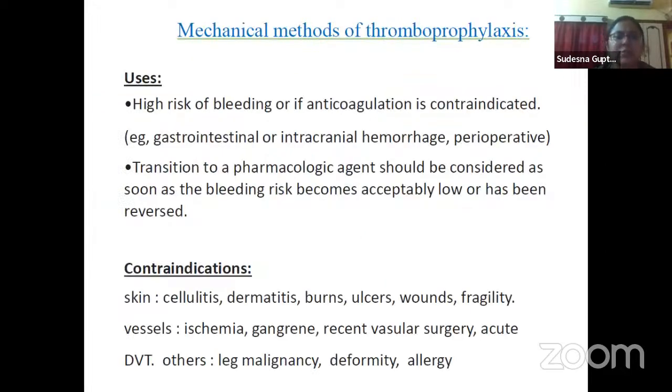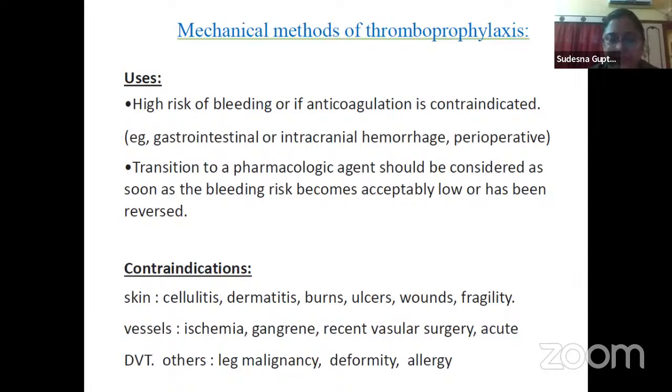Mechanical methods of thromboprophylaxis include DVT stockings and intermittent pneumatic compression devices. They are used mostly where there is high risk of bleeding, where pharmacologic anticoagulation is contraindicated, or in post-op patients where we cannot start pharmacologic thromboprophylaxis right away because of the risk of bleeding. So I can go ahead with the mechanical methods.